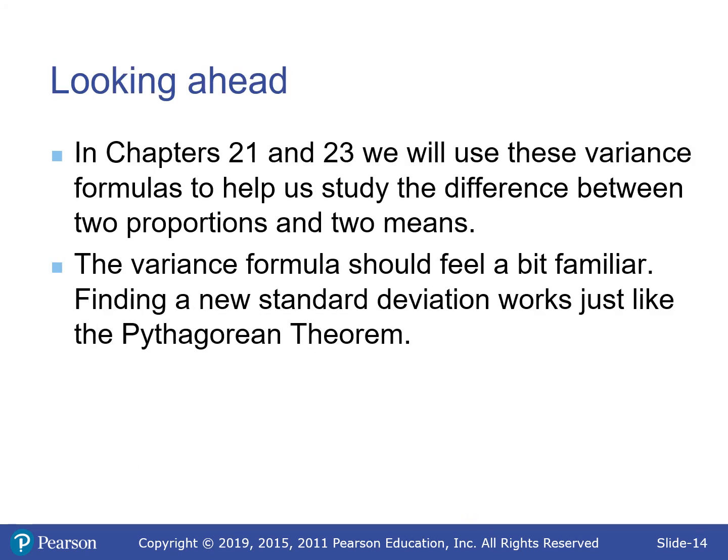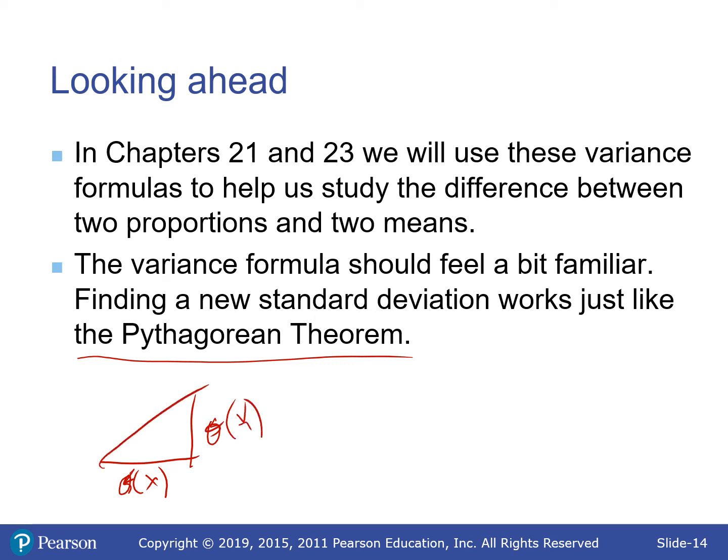And there is the most wonderful description that I have ever seen in this book on why that is. It was called the Pythagorean theorem of variances or something like that. It had the standard deviation of x, and this was the standard deviation of y. And so the standard deviation of both of them is the Pythagorean theorem.